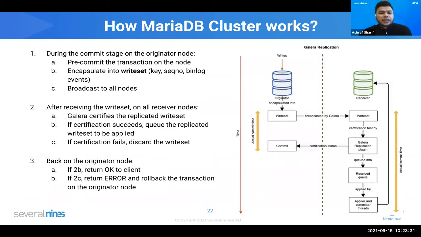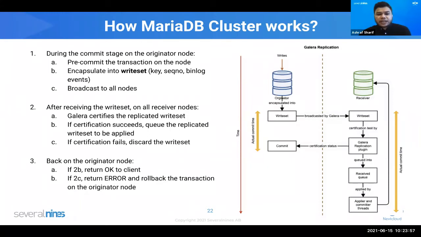Okay, so Galera replication works by replicating the write sets from the originator node to the receiver nodes. In this example here, imagine a write operation hits the originator node, which is the blue icon there. The write operation will first be committed as a transaction on the originator node, and then it will produce a set of binary events.